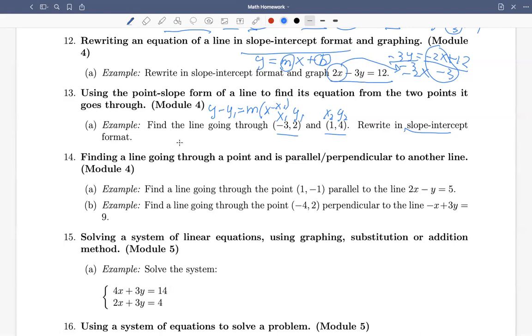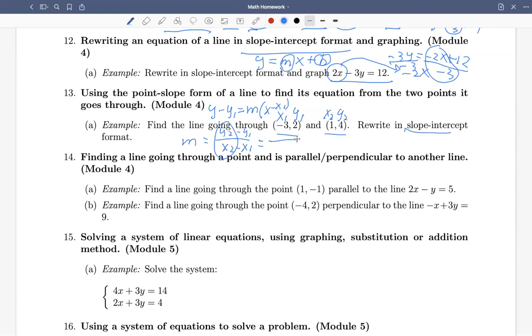So first we need to find the slope, m. If we remember the formula for finding slope from 2 points, that's y2 minus y1, the difference in y values, divided by the difference in x values, which is x2 minus x1. You may do y1 minus y2, but then the denominator has to be x1 minus x2. The order has to be consistent.